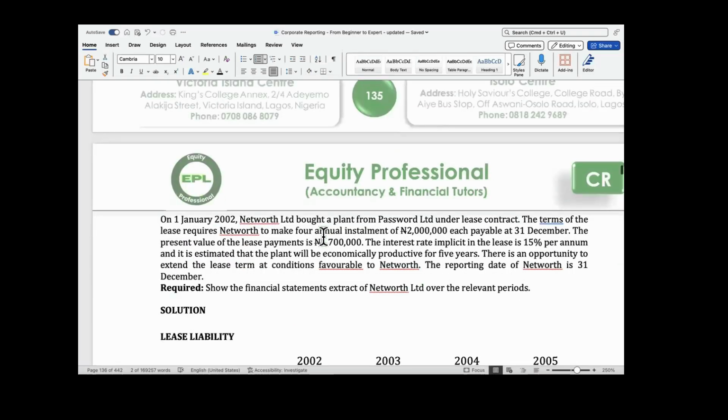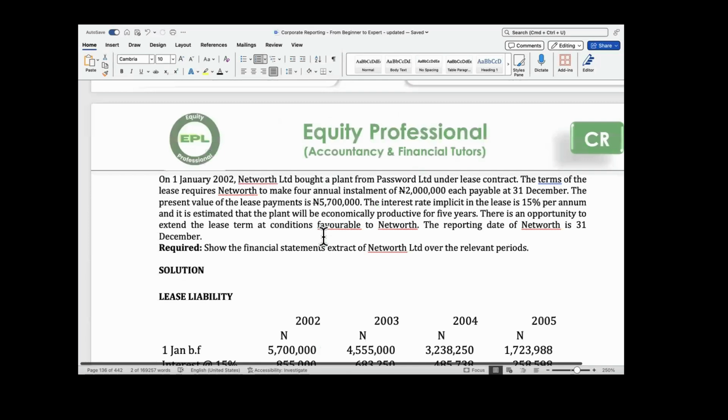It says that on 4th January 2002, Networth Limited bought a plant from Password Limited under a lease contract. The terms of the lease require Networth to make 4 annual installments of 2 million each, payable on 31st December.